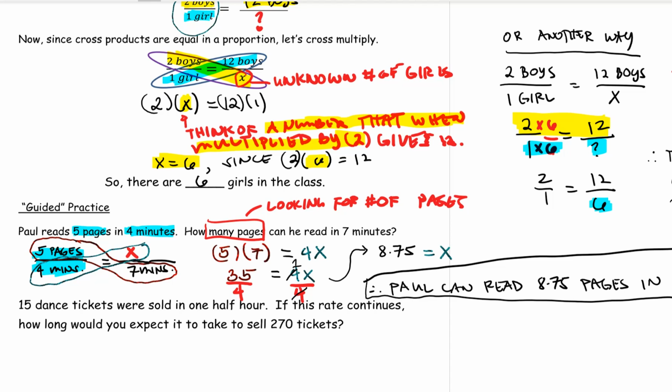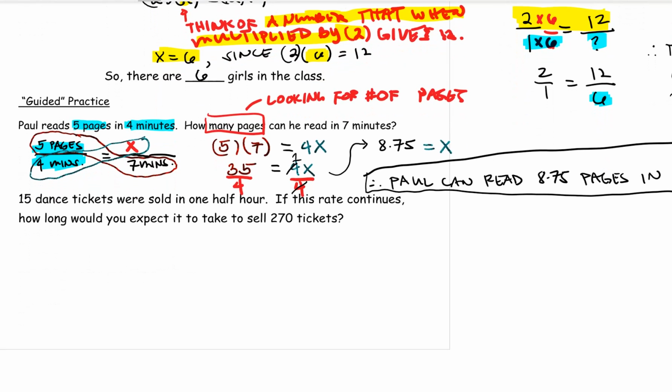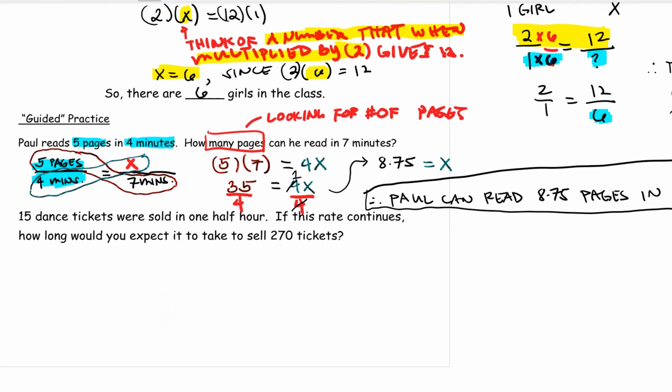Okay, so let's take the second example. 15 dance tickets were sold in 1/2 hour. If this rate continues, how long would you expect it to take to sell 270 tickets?